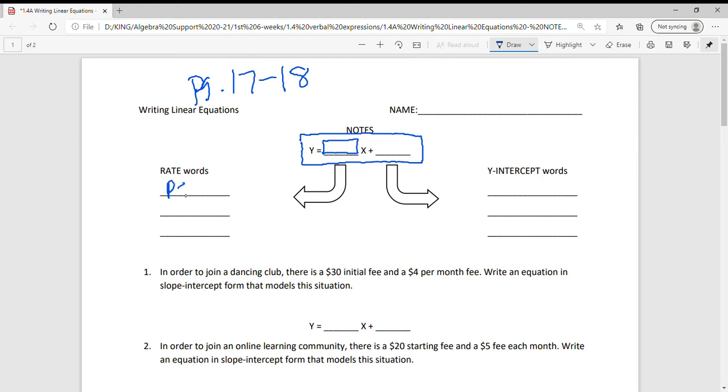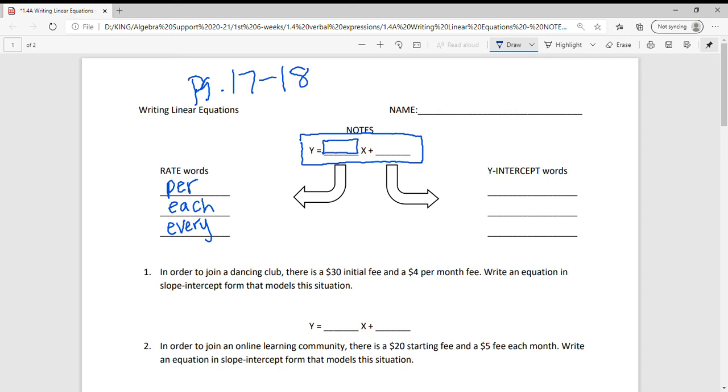We're going to be looking for the word per, like miles per hour, dollars per hour, something like that. Each: each hour, each week, each mile. And the last one is every: every week, every mile, something like that.